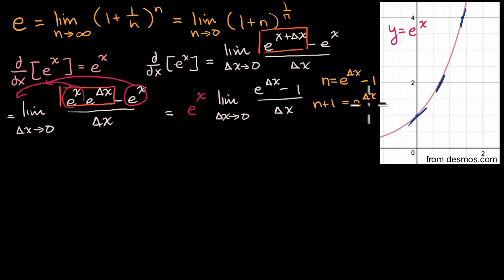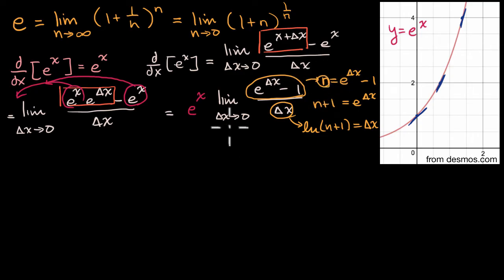To solve for delta x, we could just take the natural logarithm, log base e of both sides, and we would get the natural log of n plus 1 is equal to delta x. And so we can make that substitution. This could be replaced with this, and what we have in the numerator over here can be replaced with n right over there.